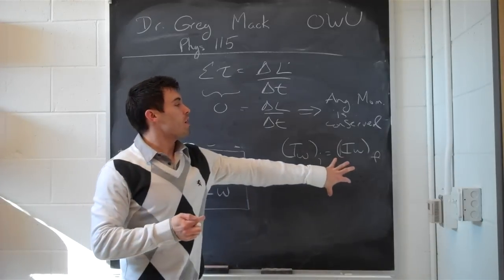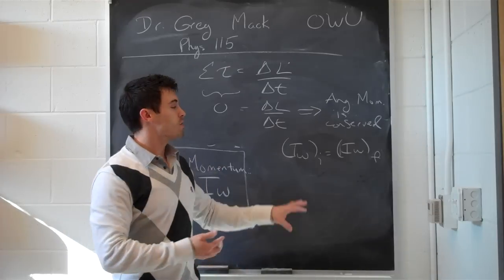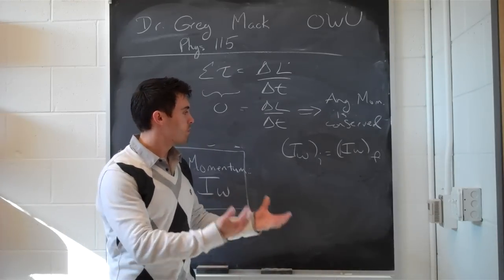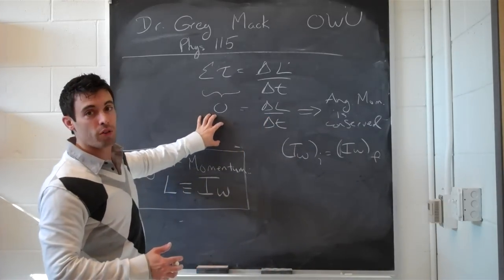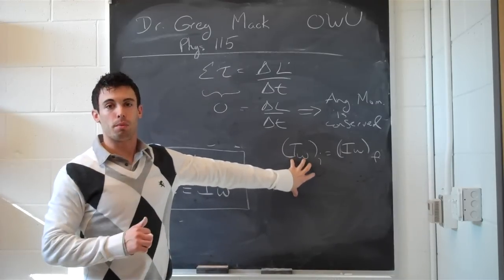Now, of course, if you have friction involved, that's going to take stuff away, and so things are not going to be completely conserved. But this is the idea that there's no net torque involved, then you end up with conservation of angular momentum.